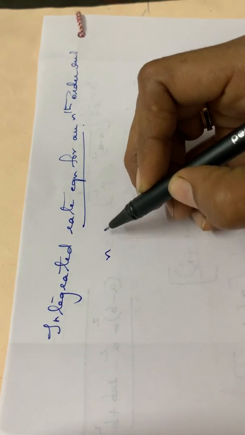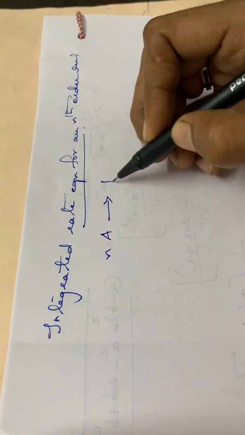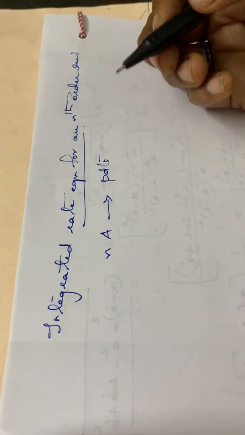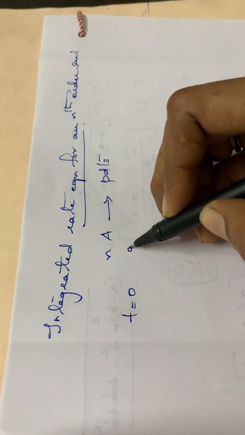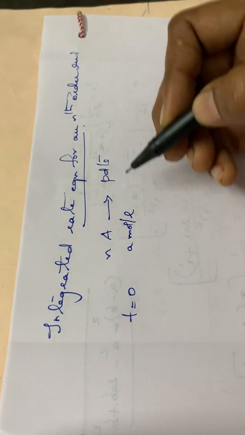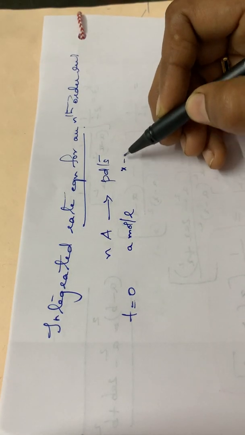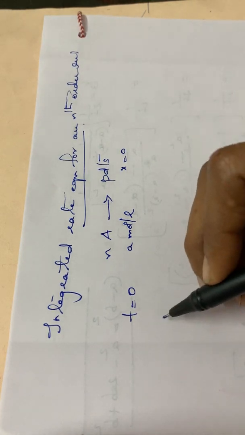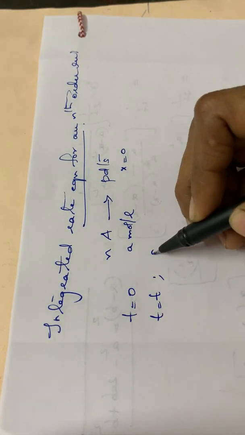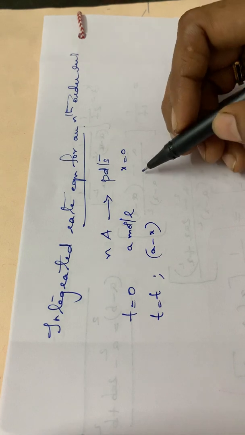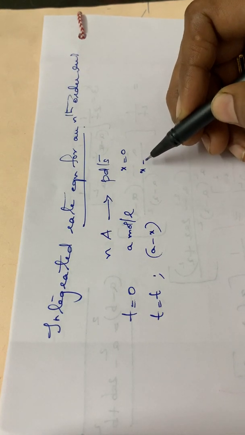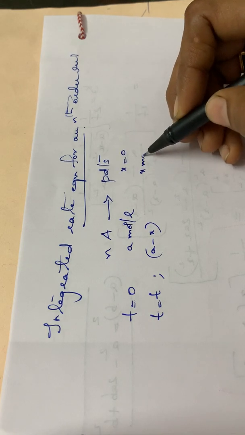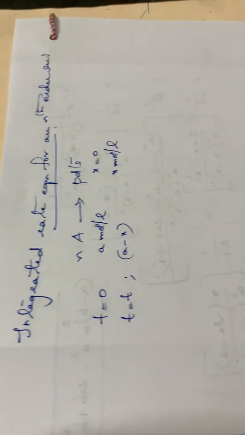So for an nth order reaction, we can write the general equation as nA giving products. Okay, so when time t is equal to 0, the concentration of A, let it be a moles per liter, and the concentration of the products x will be equal to 0. When time t is equal to t, the concentration of A becomes a minus x. These are all the same as in the above derivations. Then x is the concentration of products, let it be x moles per liter.